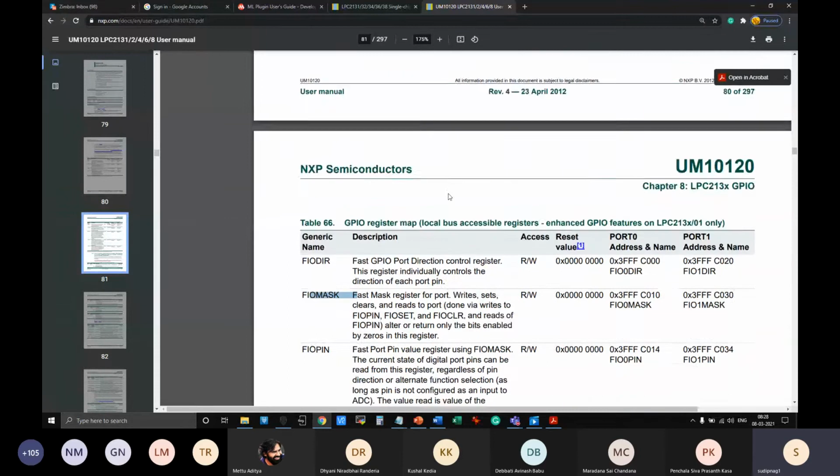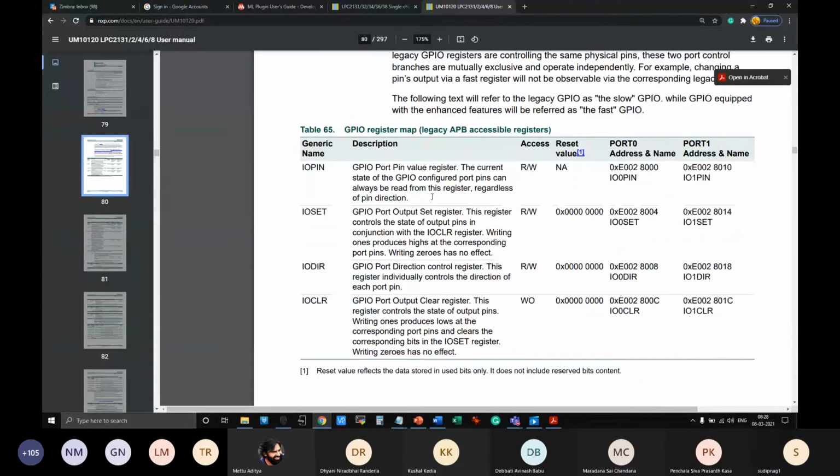Now look at one thing. For every register, even in the previous block table, you can see the type of access allowed. For example, IO clear cannot be read, it has only write-only privilege. So you cannot read anything, you can only write to it. Whereas IO set can be read and written, and all other three registers are read or write.